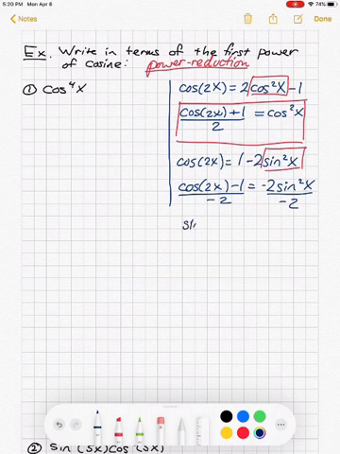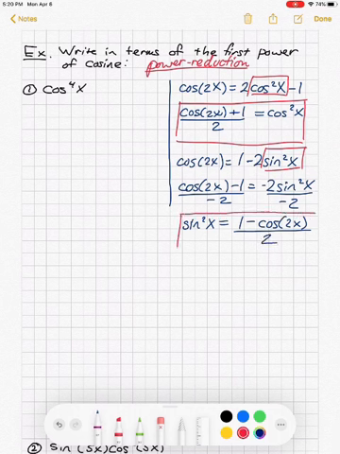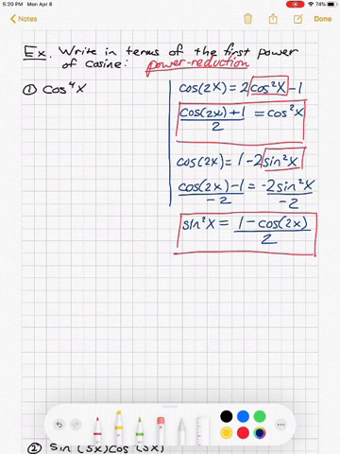Okay, so sine squared x. So if you look at this formula, this is the power reduction formula for sine. You notice that these two power reduction formulas look very similar. One is a plus and one is a minus.